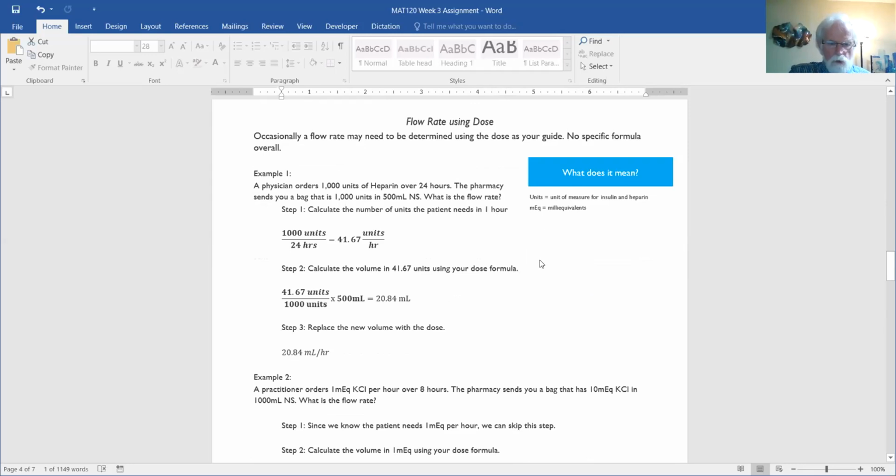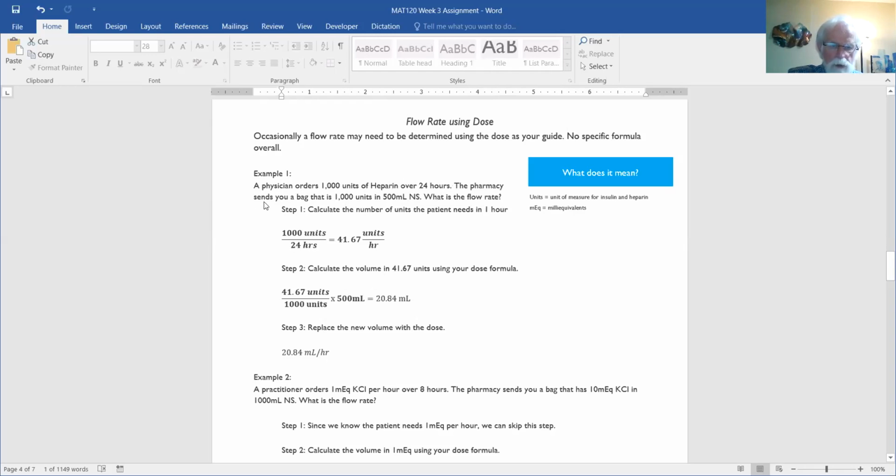A relatively simple example here. And I say relatively because it probably looks more complicated than it is. You want this patient to receive 1,000 units of heparin over 24 hours, not per hour, but over 24 hours.